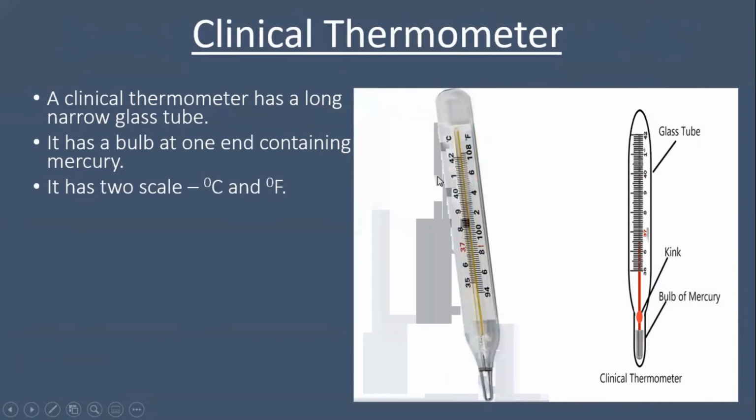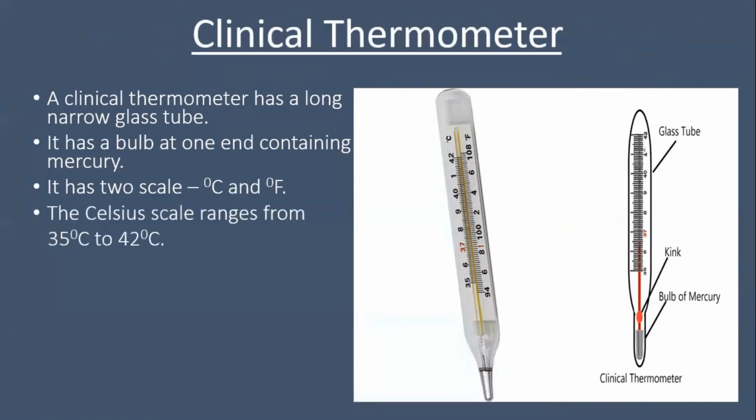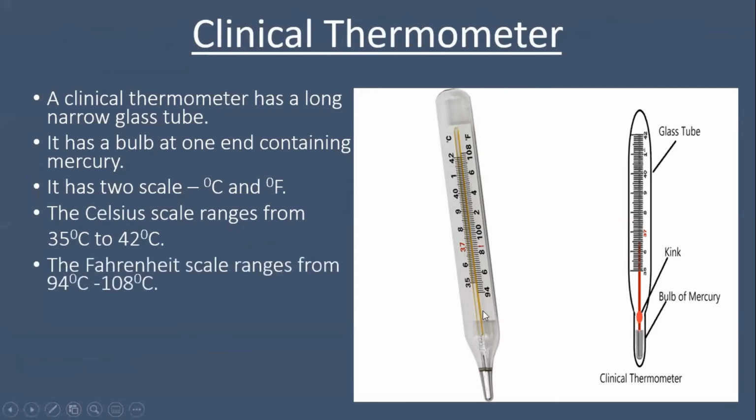One is degree Celsius, another is degree Fahrenheit. The Celsius scale ranges from 35 degrees Celsius to 42 degrees Celsius. And the Fahrenheit scale ranges from 94 degrees Fahrenheit to 108 degrees Fahrenheit.